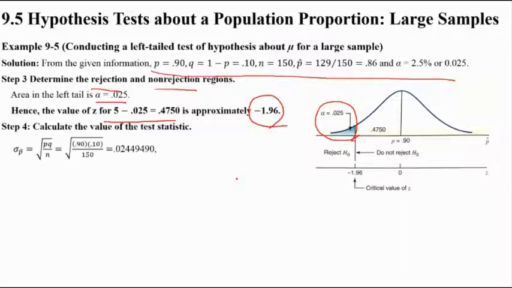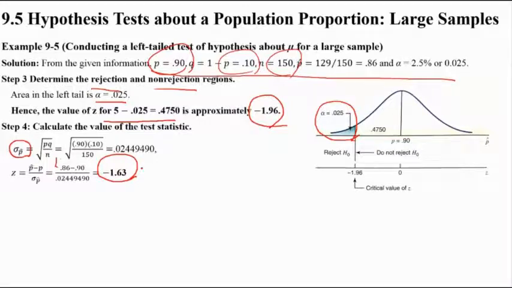To calculate the test statistic, we use the formula with P, Q, and sample size under a square root. We find the standard deviation first, and then the Z value, P hat minus P over the standard deviation, which is negative 1.63. So we compare: 1.96 against 1.63.